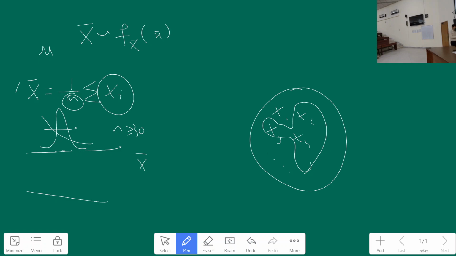From 30 onwards, you can easily assume that it is very close to Gaussian. And if you get even higher, then it will become exactly Gaussian. That is the distribution of this guy.